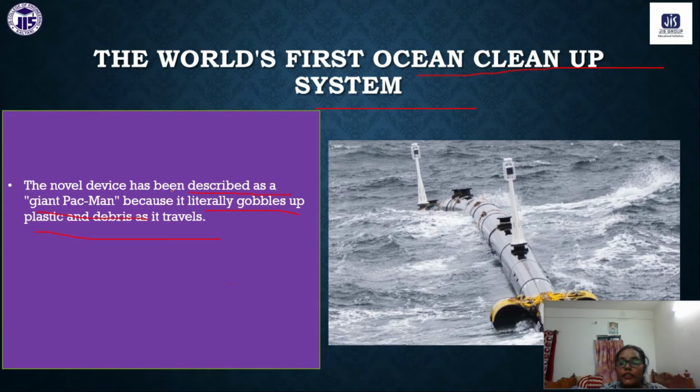That is why it is described as the giant Pac-Man. While it is moving, whatever plastic and debris are in its path, it can take out from the ocean. So this is called the world's first ocean cleaner.